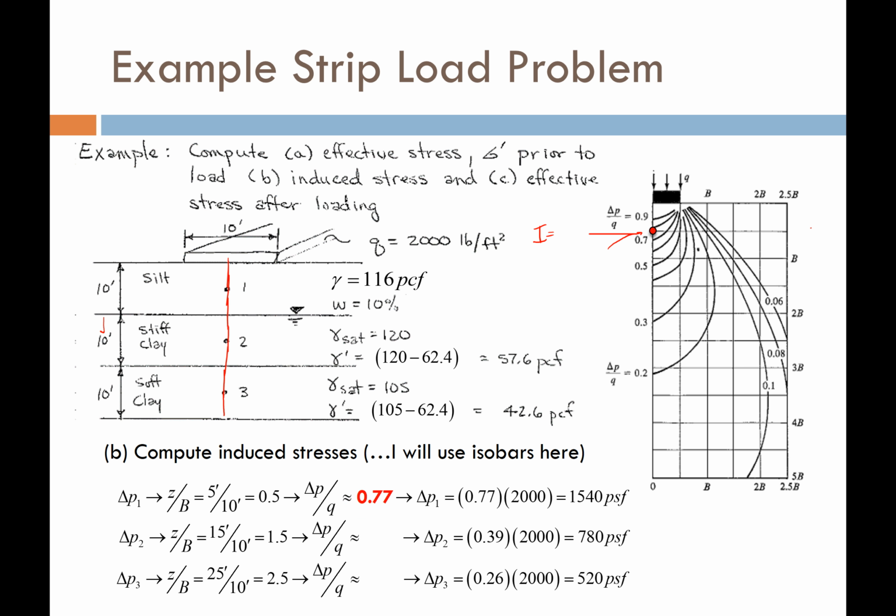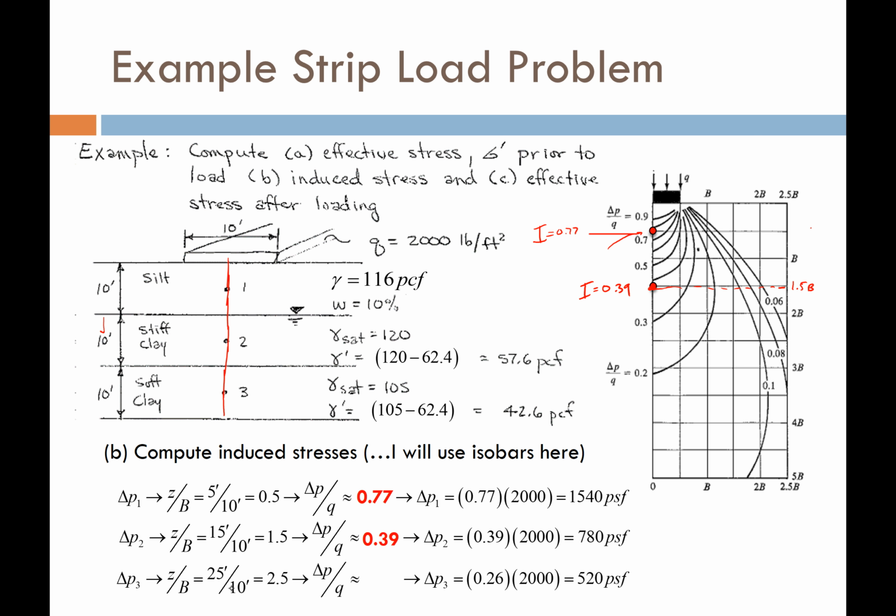I is going to equal 0.77 for point number 1. Okay, for point number 2, I'm going to be at a depth of 1.5B, and I'm directly beneath the center of my footing again, and that's going to give me an influence factor I of 0.39 right there.